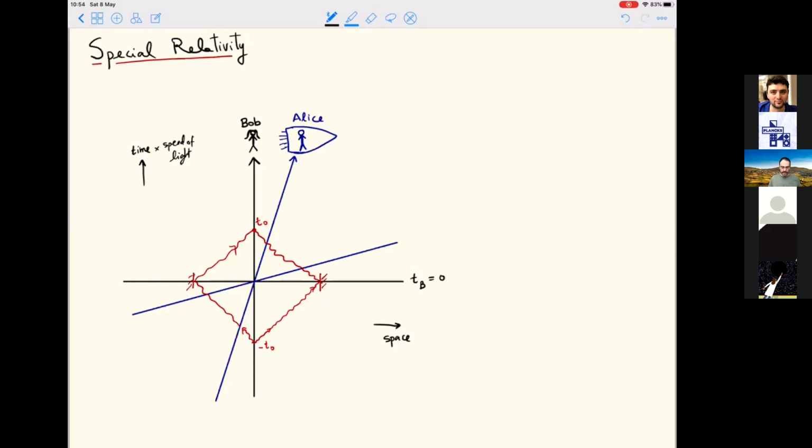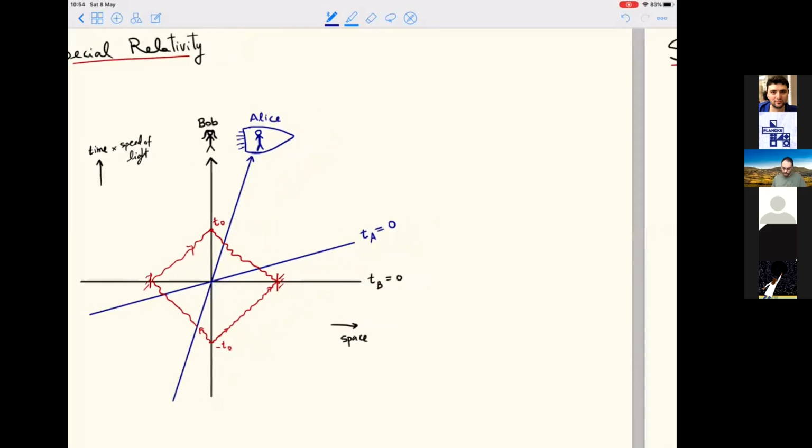And from exactly the same argument, Alice can conclude that the surface that has time equals 0 for her is a different surface. That's one of the most important things in special relativity. I think I drew the picture here.